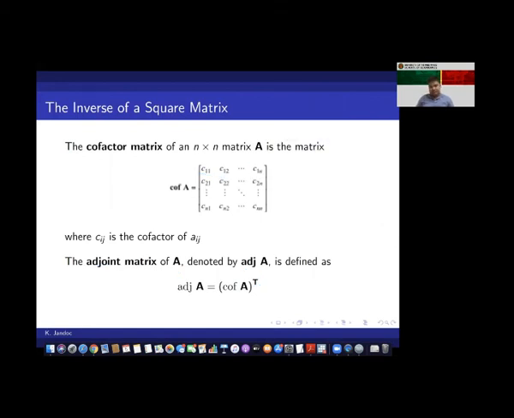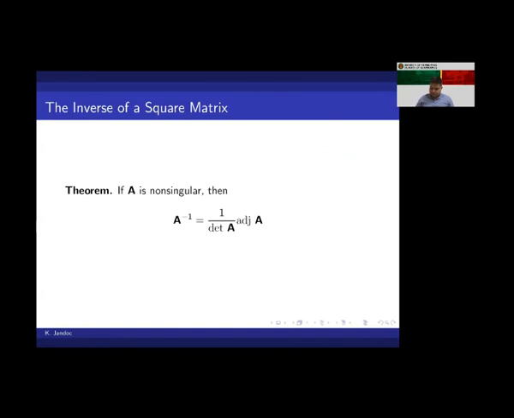I know this is overwhelming, but the point is that you can compute the inverse of A if A is non-singular, meaning if the inverse exists.